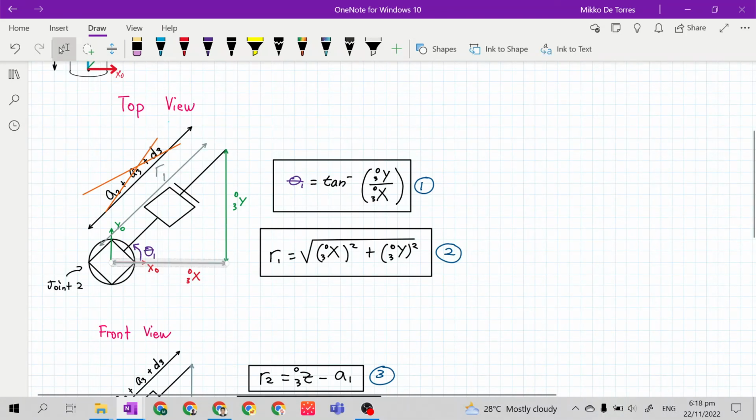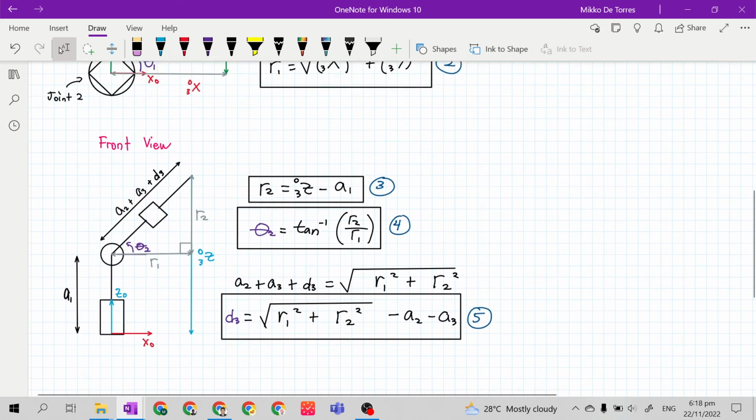To solve for theta 1, we use the inverse tangent because y03 and x03 are given. Then we can use a sub 2 plus a sub 3 plus d3 as our hypotenuse. That's why we name our hypotenuse r sub 1. So that's for the top view.